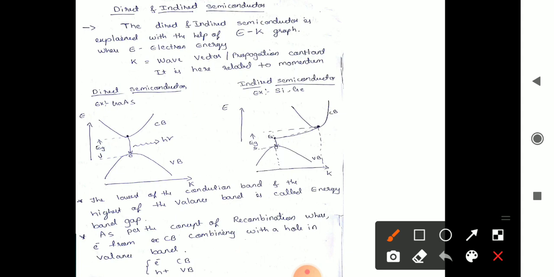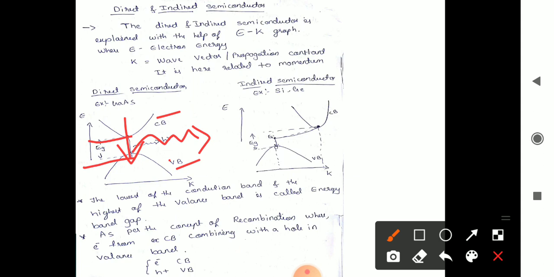The energy which is released, in the form of light, is nothing but the difference in the energy level of the electron which is present in the conduction band minus the hole which is present in the valence band. Whatever the energy which is released over here, in the form of light, that light energy Eg is nothing but the conduction band energy minus the valence band energy.